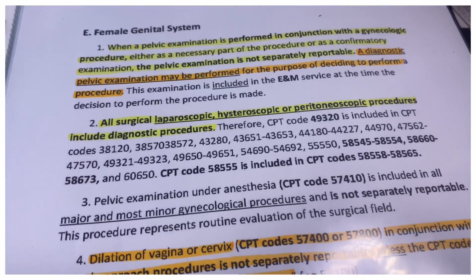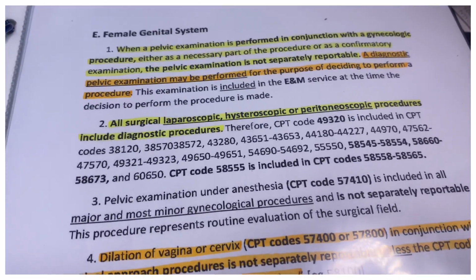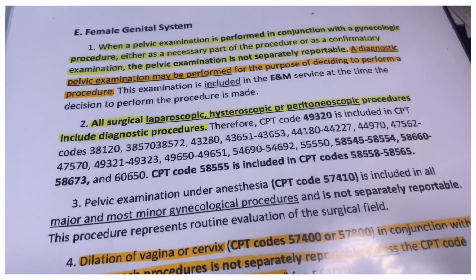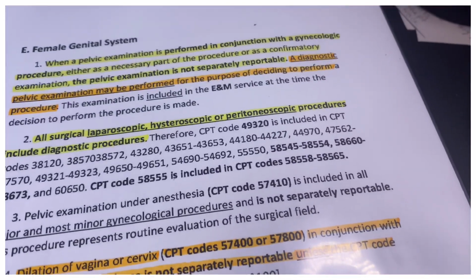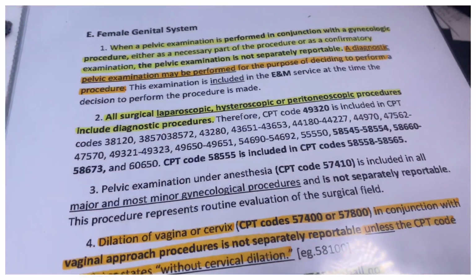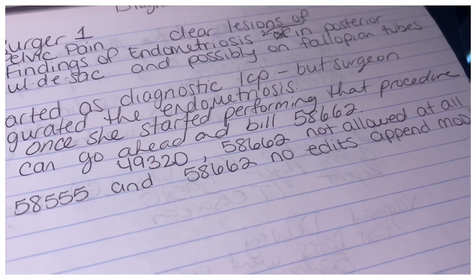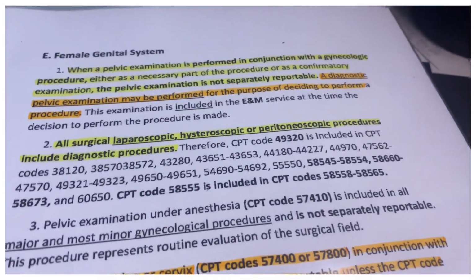I think this second one here, this 38570, they missed the dash. But here are all the other codes that you cannot bill for the diagnostic laparoscopic procedure. So if I look at my 49320 and I was billing 58662, it would be in this code range.